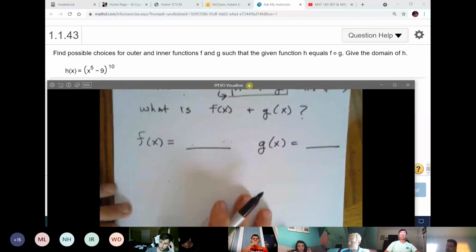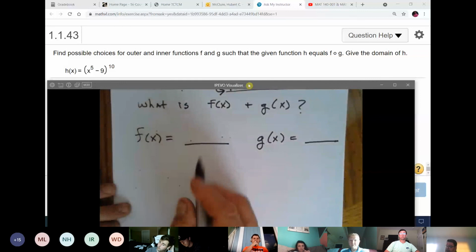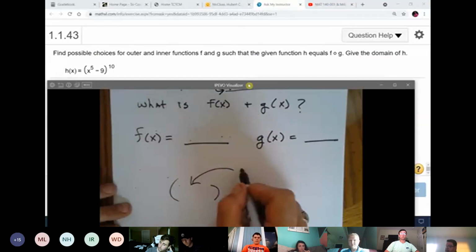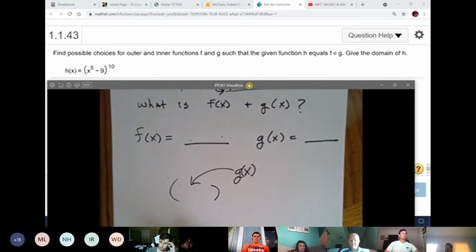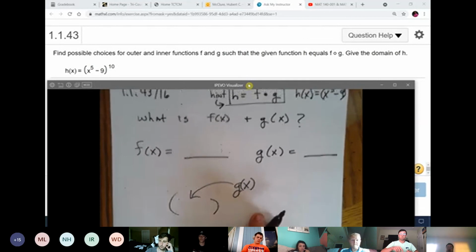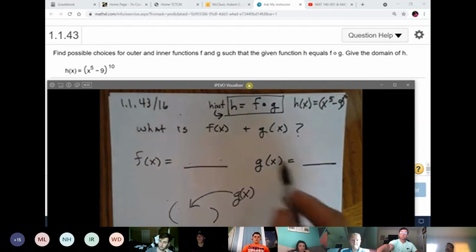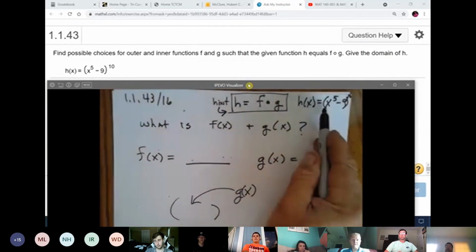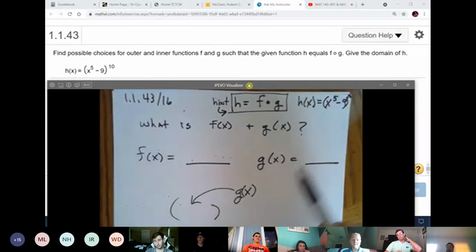So that means I've got a big set of parentheses with f, and I'm plugging in g of x. Does everybody agree with what I just said? Because this is all theoretical stuff. Yes, sir. So if that's true, then the parentheses is to the 10th power.